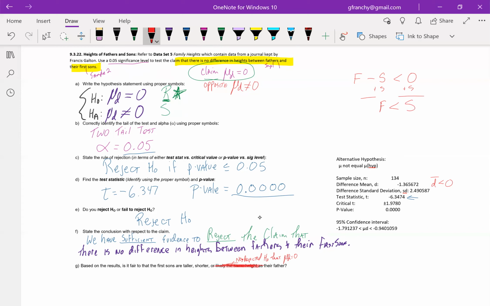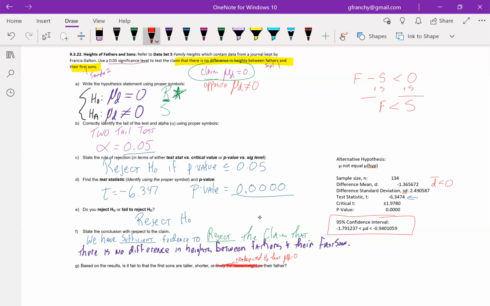We're also seeing this negative, might as well mention it now, in the confidence interval. Our confidence interval is completely negative, and completely negative means whatever sample 1 is has got to be smaller than sample 2. So father's height is smaller than son's height there.